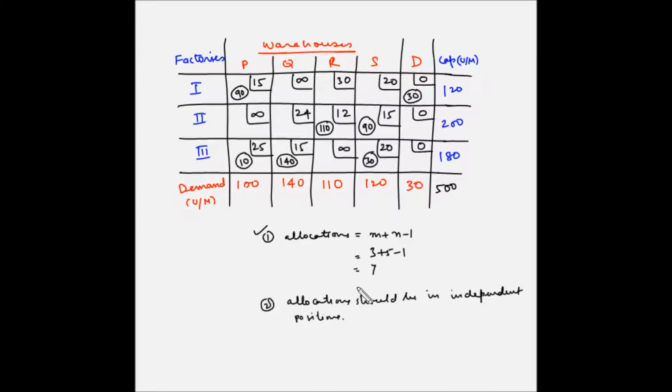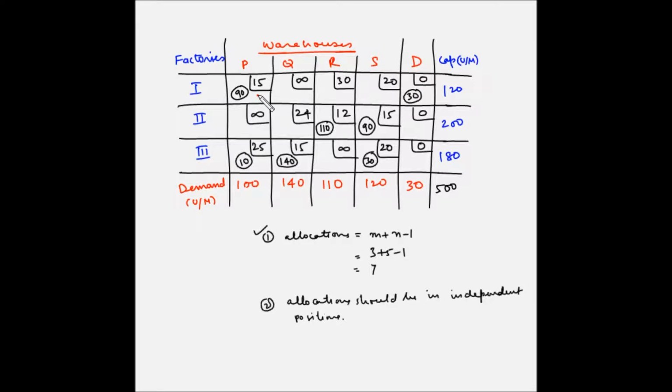What this means is that if we create a closed path for any of these allocated squares, then it is impossible to travel from this allocated square back to itself by a series of horizontal and vertical jumps from one occupied cell to another without a direct reversal of the route. So let's try creating a closed path for the first allocated square, which is 1p.